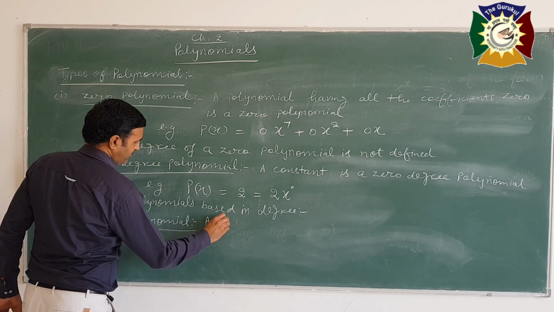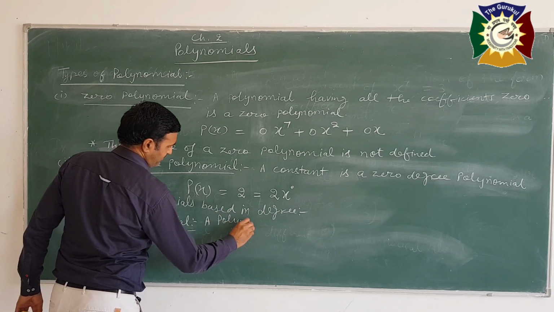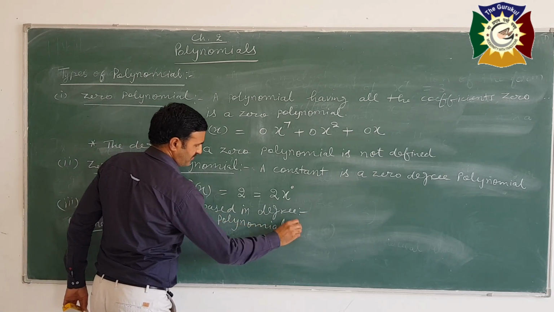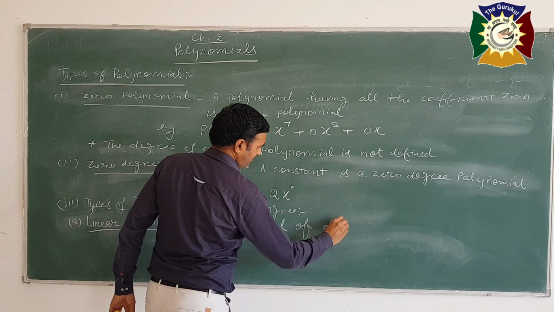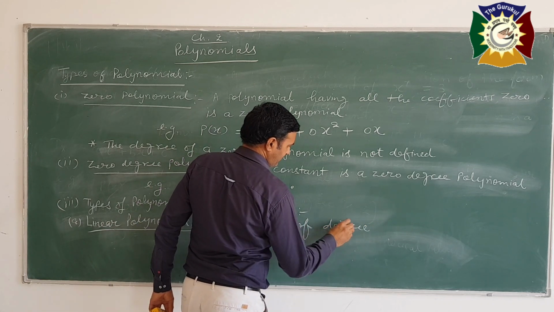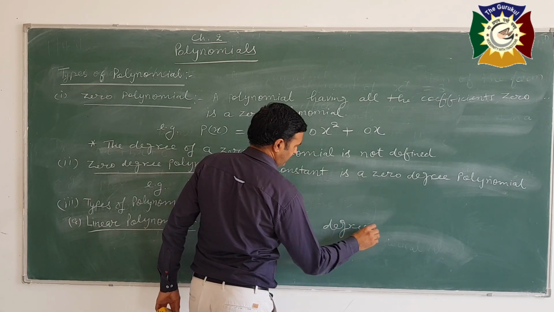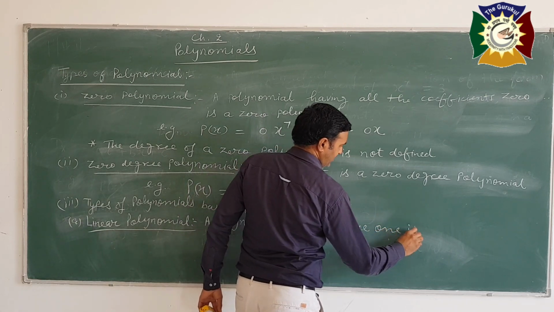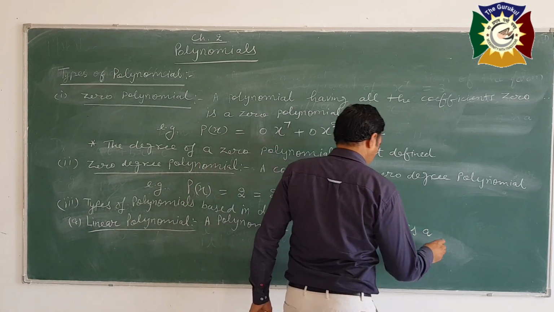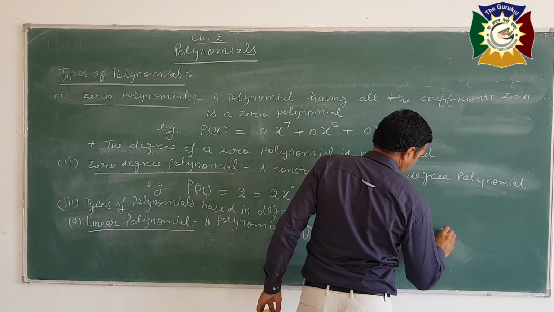So, a polynomial of degree 1 is a linear polynomial.